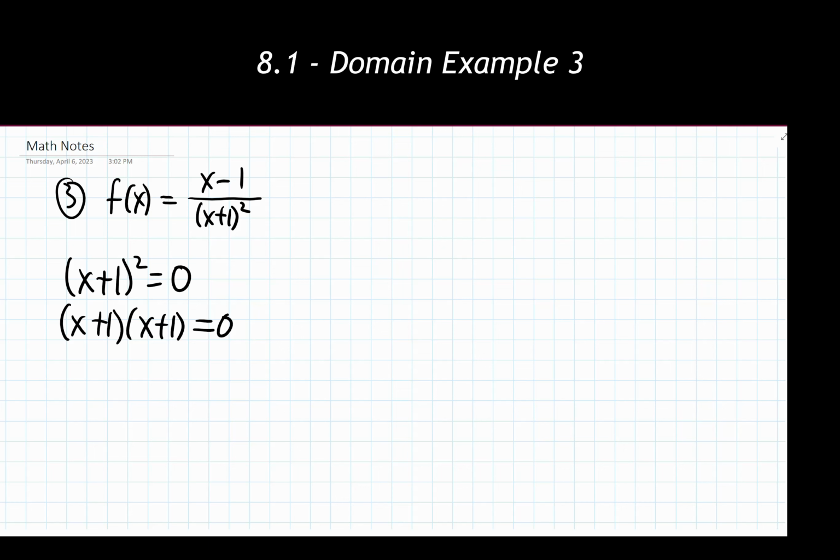And now, just like I had with example 2, I have two things multiplying together. Turns out that they're the exact same thing, so I just need to solve one of these, and it's the answer for both of them. That'll tell me where I'm going to make the denominator 0, and then we'll be good to go.